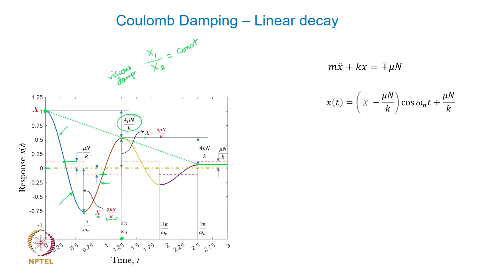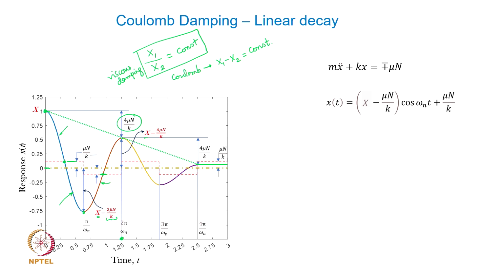Whereas in the Coulomb damping, there is no such ratio, but as we notice here, x1 minus x2, the drop in the original amplitude, or the difference between two consecutive amplitudes, is constant. That is what the difference between these two dampings is. Okay.